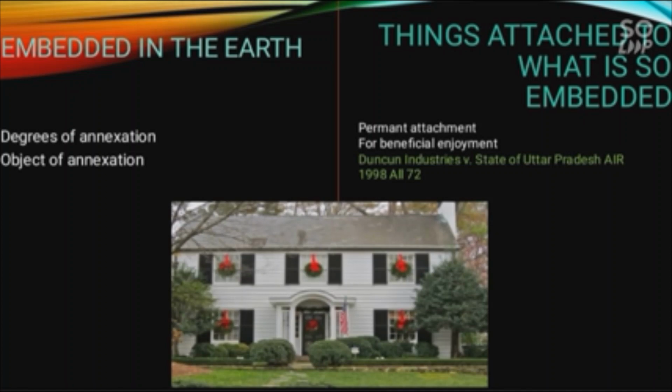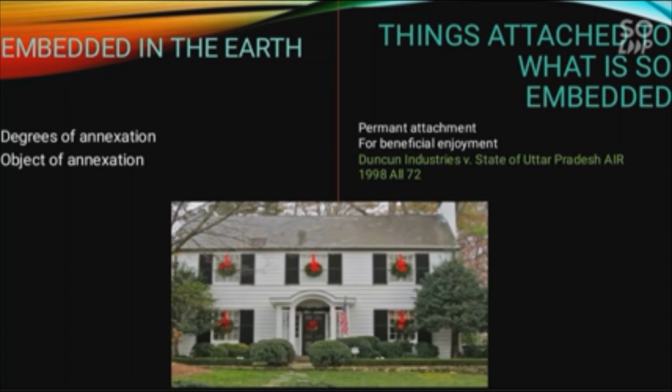We can go through things attached to what is so embedded. For things attached in such a way, we have to consider two things to categorize them into the category of immovable property. The first one is it must be permanently attached, and the second thing is it must be for the beneficial enjoyment of a thing which is so embedded. For example, while we are looking into this picture, we can see certain decorations which are used to make the building more beautiful.